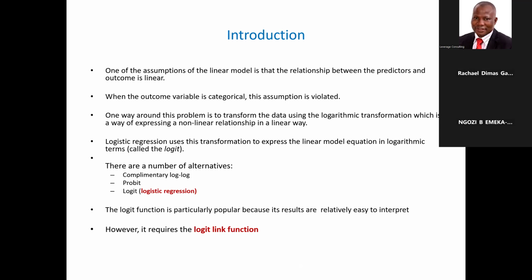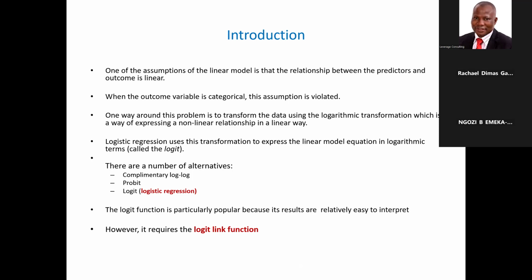So one way around this problem is to transform the data using logarithmic transformation, which is a way of expressing a non-linear relationship in a linear way. So for you to use the regression model for a categorical outcome, there will be some transformation. There are others, like probit, but for logistic regression it is the logarithm.